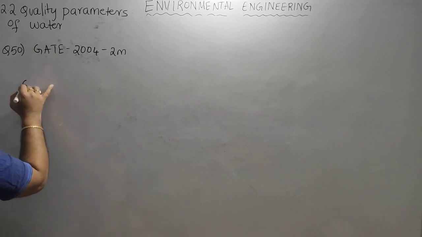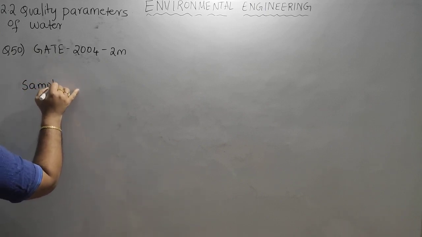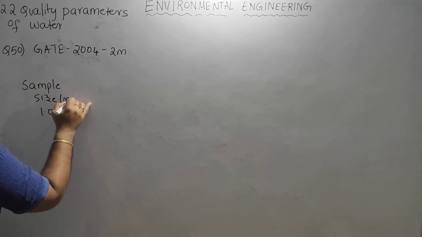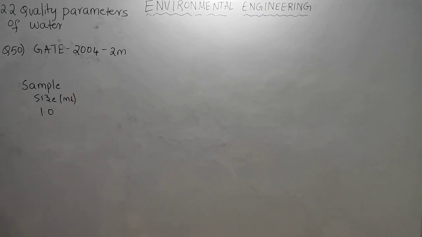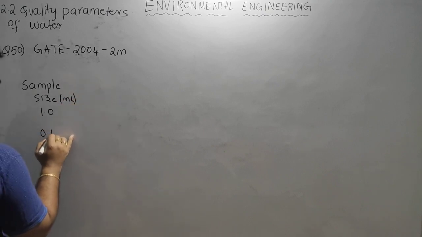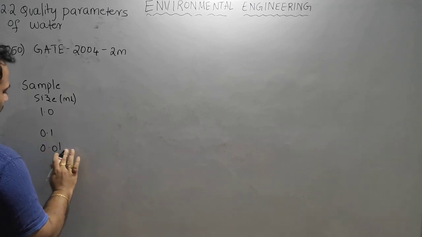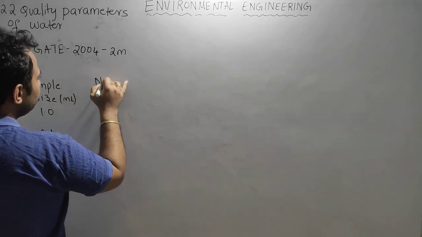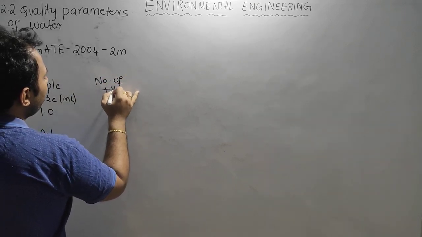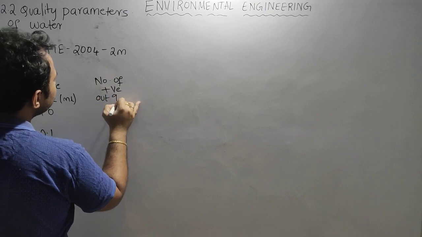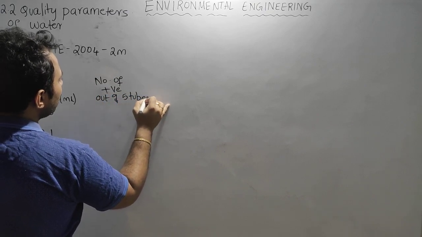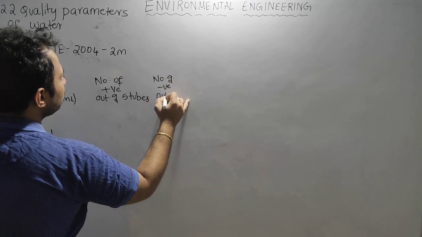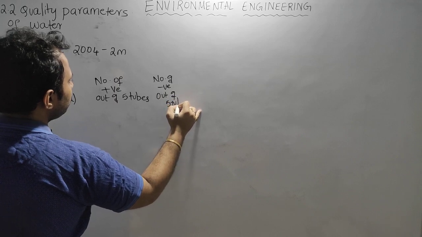Sample size. So this is test dilution. Sample size in ml: 1, 0.1, 0.01. And here, number of positive out of 5 tubes, and number of negative out of 5 tubes.